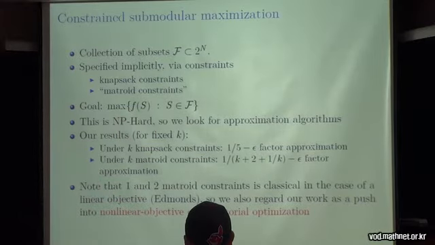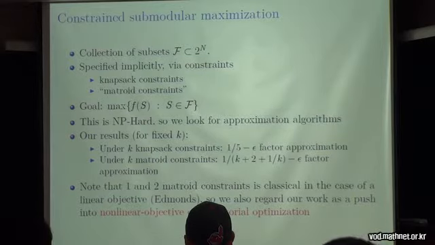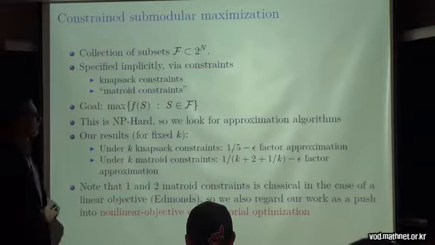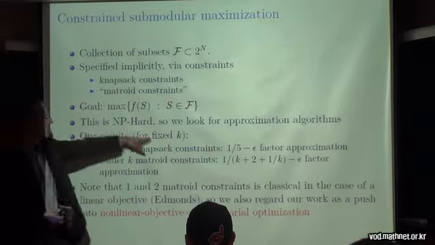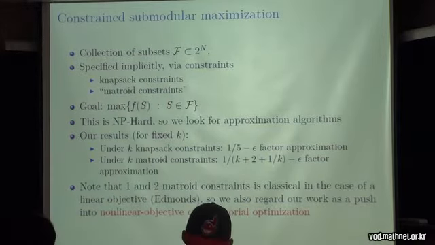Now, I mentioned before that even linear optimization over 3 matroids is already hard. So now we want to maximize a submodular function over k matroids. That's got to be hard. But my goal is less. I'm not going to be able to exactly optimize. I'm going to try to get within a constant factor of the optimum, and that factor will depend on the number of matroids. So the result I'm going to talk about is that if I need to be independent in k matroids and I want to maximize a submodular function, I can get within essentially this factor of optimal.